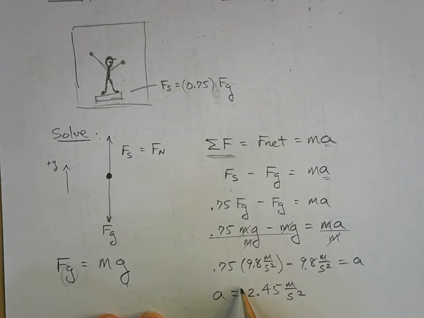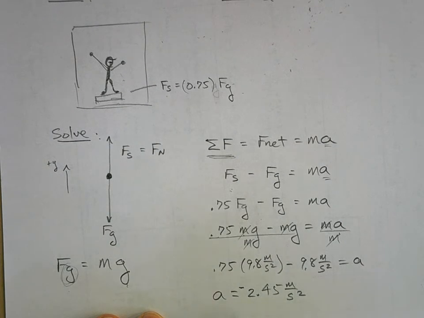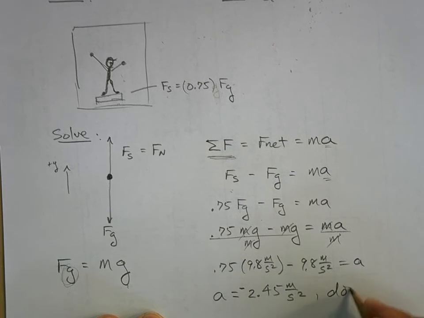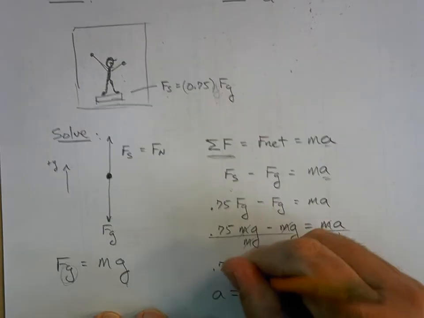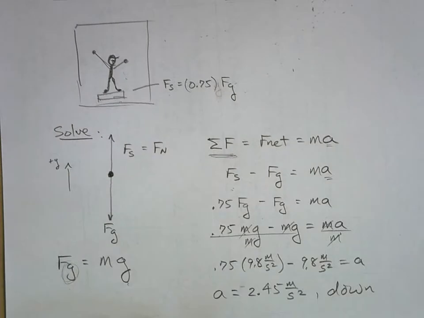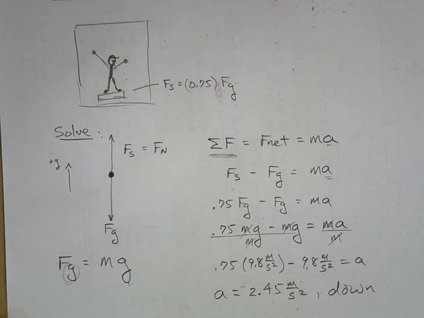But it's negative. What does the negative mean? That's the direction. It's down. So rather than put the negative there, I'll just say down. We're accelerating 2.45 meters per second squared in a downward direction. And if you want to leave the negative in there, that's fine, as long as, because I defined up to be positive over here.